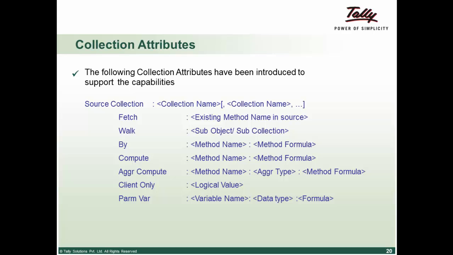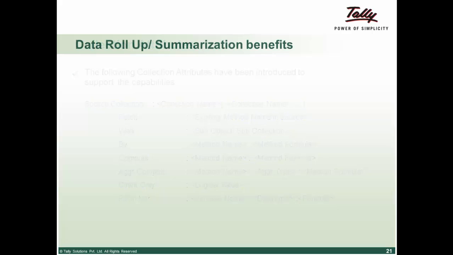The moment something is not mentioned here, it gets cut off from the remote. It might appear at your server end because the data is physically available there, but at the remote it won't be available. There are two other attributes, client only and firmware, which we'll see in the later slides.